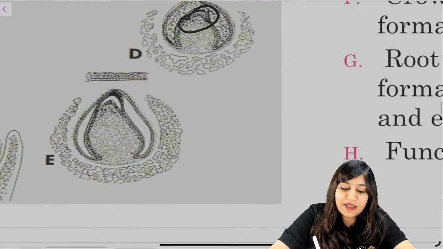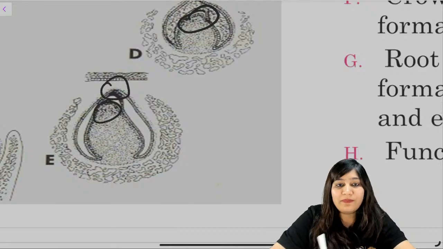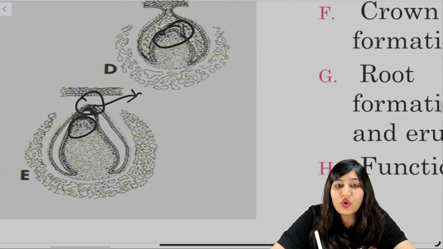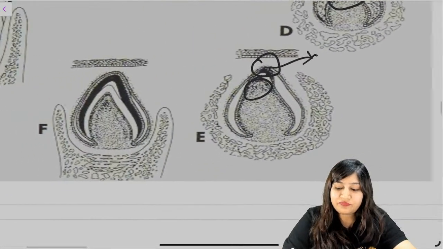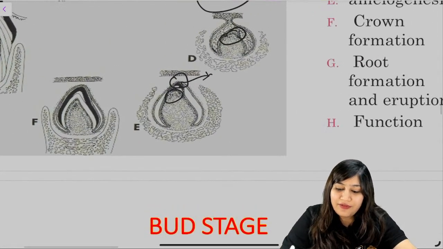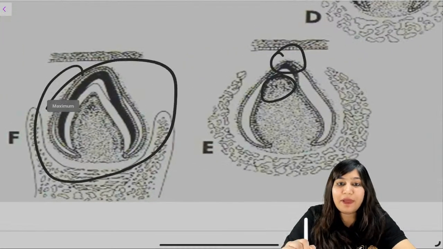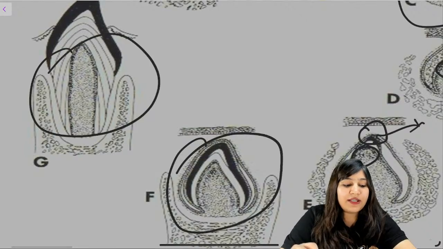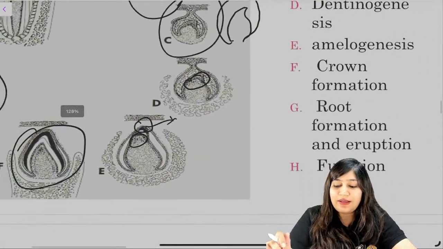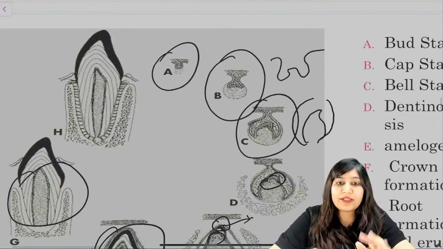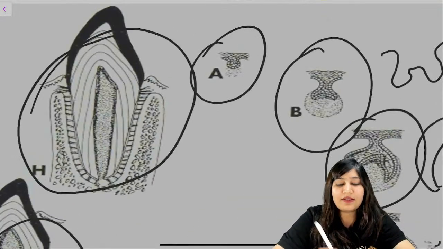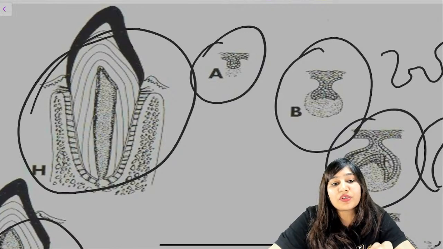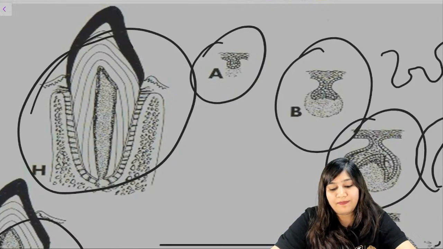E is, we can see 2 dental tissues formed, upper one is enamel, lower one is dentine. Then we have whole crown formation completed, right? Here we can easily appreciate that root formation is almost completed, and in the last stage we have seen completion of the root. We can easily appreciate the closing of the apical foramen in this stage.